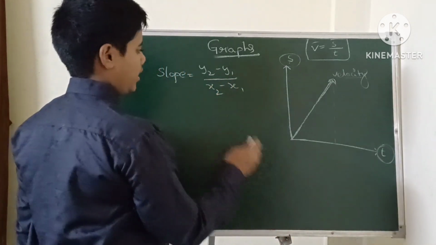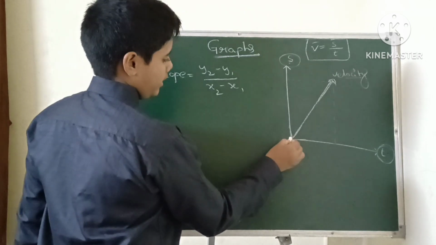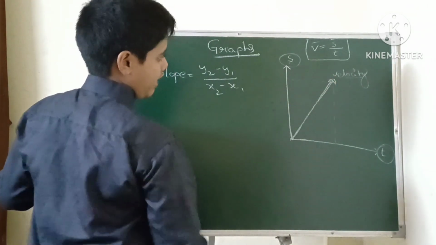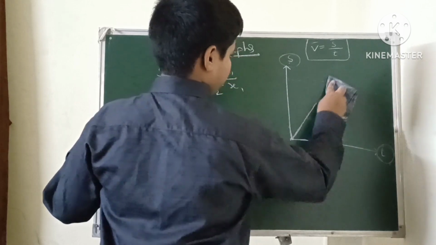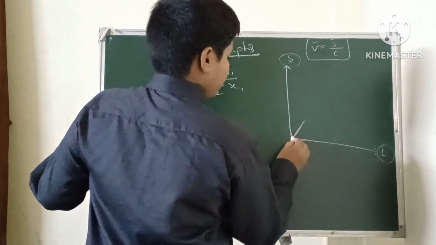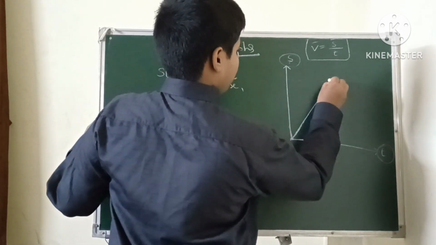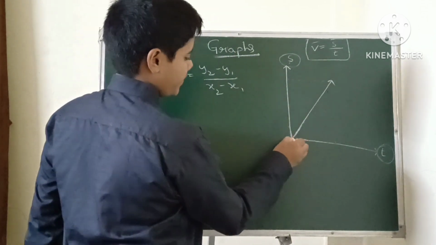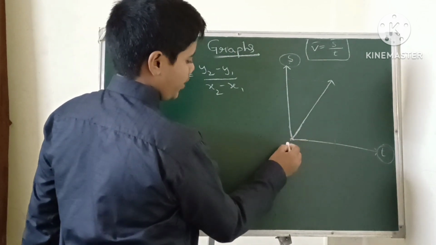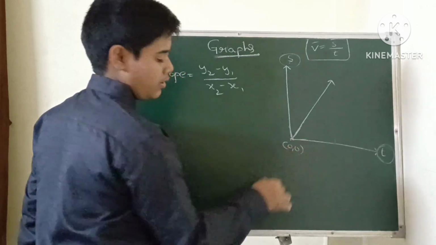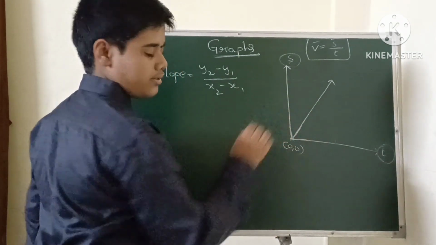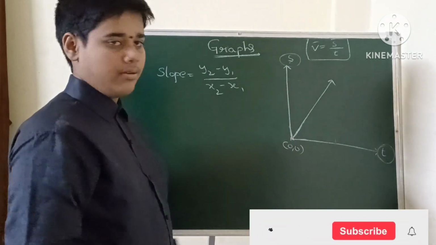Here what is y2 and y1? Here I am taking, this is a point in this line. I will draw clearly, see. I am taking, this is a line. So I am taking, this is one of the points which is 0, 0, which means the origin of these two axes is this, which means 0, 0.